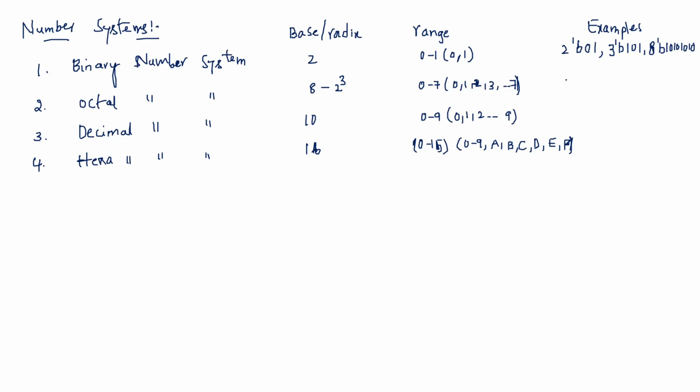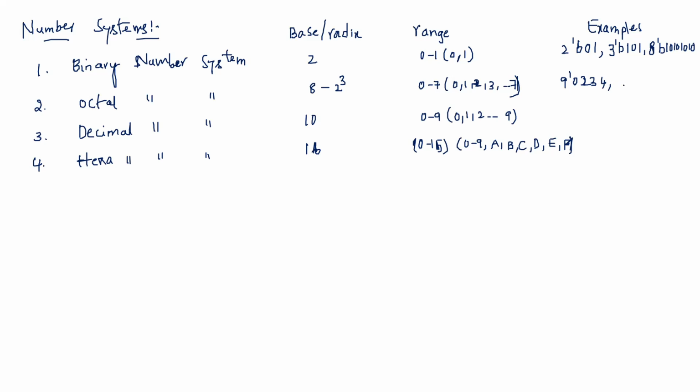So 9 is the number of bits. And the number should not cross 7. That means 2, 3, 4. In this way we can represent, because 2 is a 3-bit binary number, 3 is a 3-bit binary number, and 4 we can also represent as a 3-bit binary number.